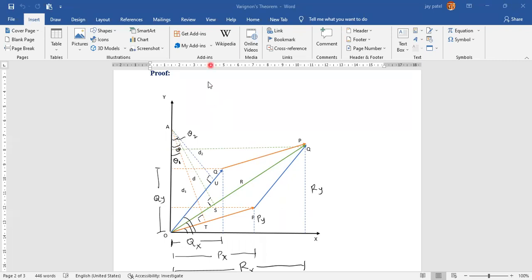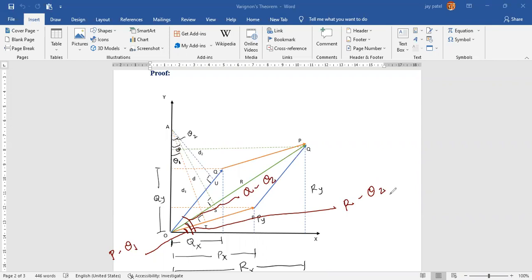Now, the angles of these forces. See very carefully. This angle is for the P force, that is theta 1. This angle is for the Q force, that is theta 2.